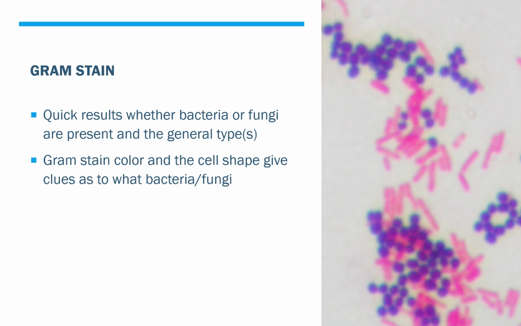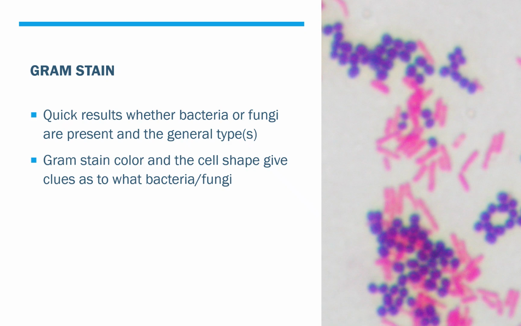So you can see in this image there's some purple colored cocci, the spherical or round shaped cells, as well as some pink bacilli, those rod shaped ones.